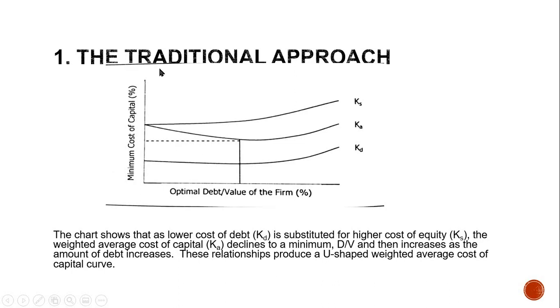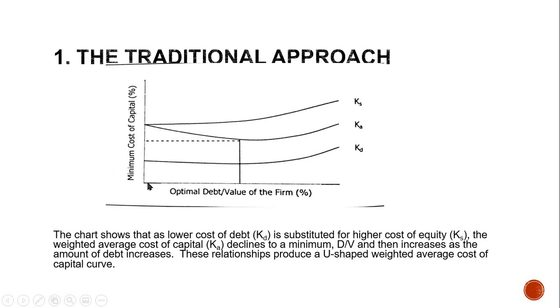So let's take a look at this graph right here. Okay. So this chart shows that as the lower cost of debt is substituted for higher cost of equity, the weighted average cost of capital declines to a minimum. So right here, we have the minimum cost of capital.